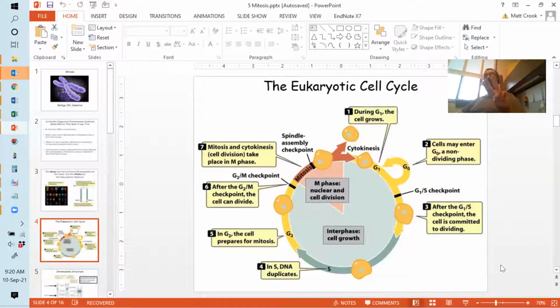Okay, so there are 3 of them. We have the G1 to S checkpoint. And that is all about a bunch of different stuff. You can pretty much divide it up into, one, does the cell have enough nutrients and energy to make it all the way through cell division?